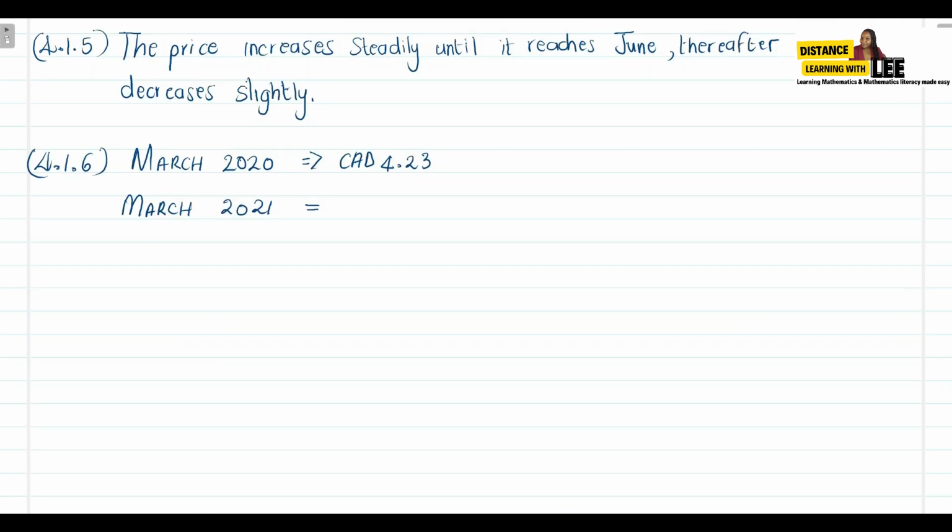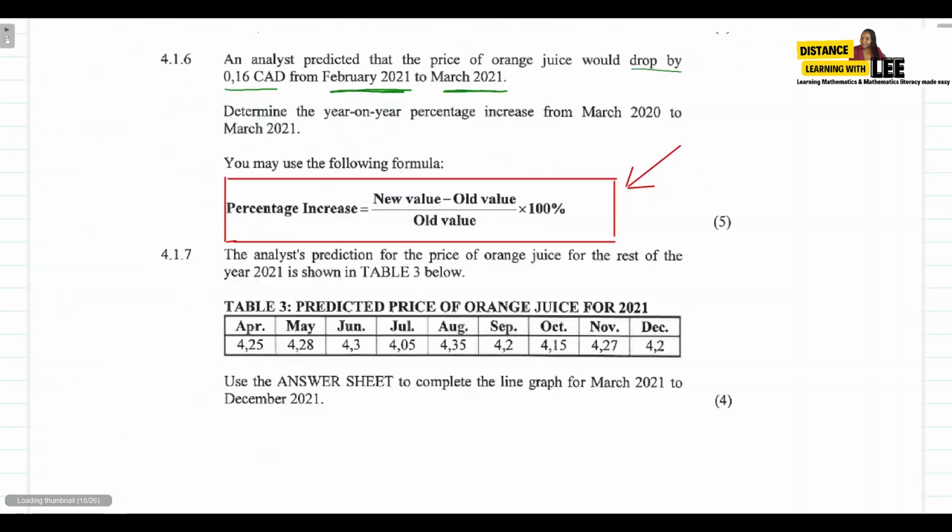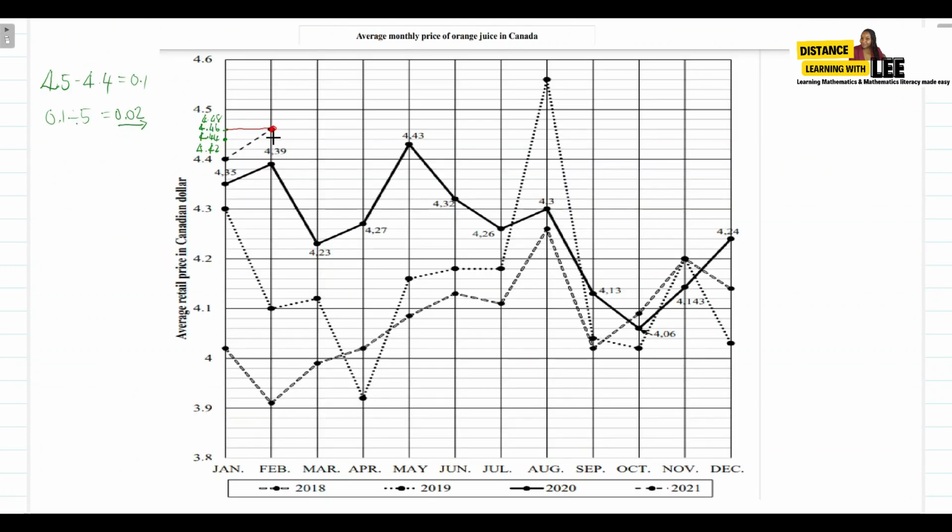So from here we can see that the point there for February 2021 is actually 4.46. To get the value for March 2021, we want to take the February 2021 value and subtract your 0.16 Canadian dollars. The value for February 2021, as I already showed you, is 4.46.